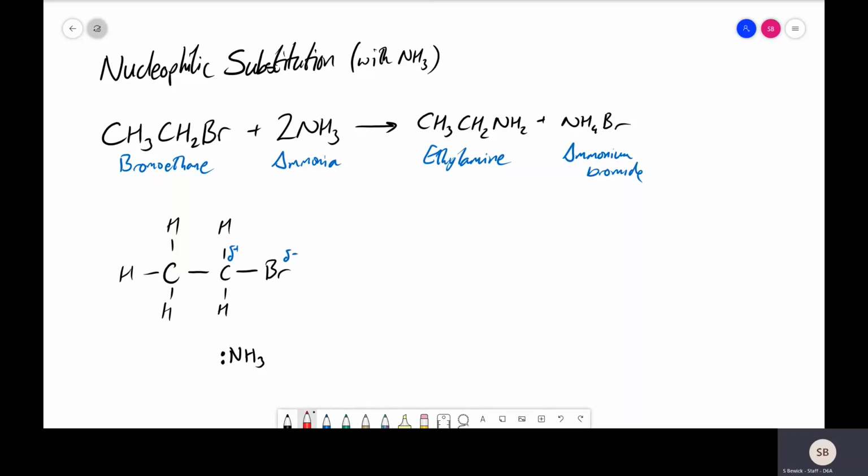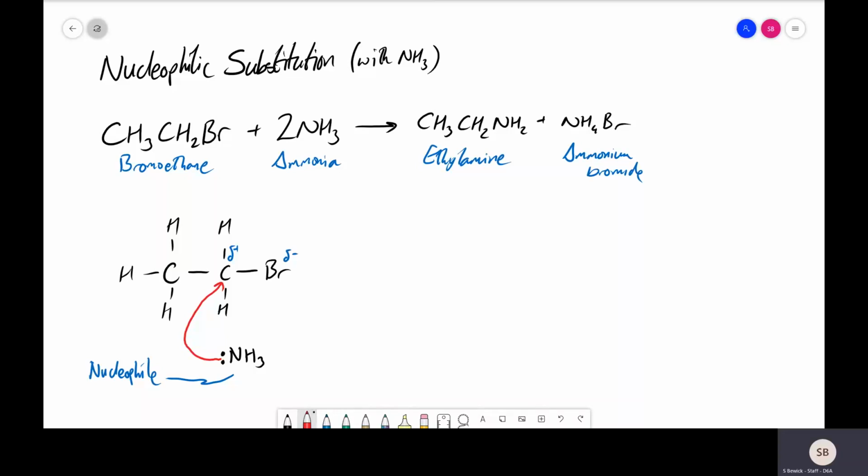Ammonia is acting as a nucleophile, so we're going to have a curly arrow going from the lone pair to the carbon. And let's even label this ammonia as a nucleophile. So it's donating its pair of electrons, forming a bond. That's why it's going to be a nucleophile, attracted to the positive charge.